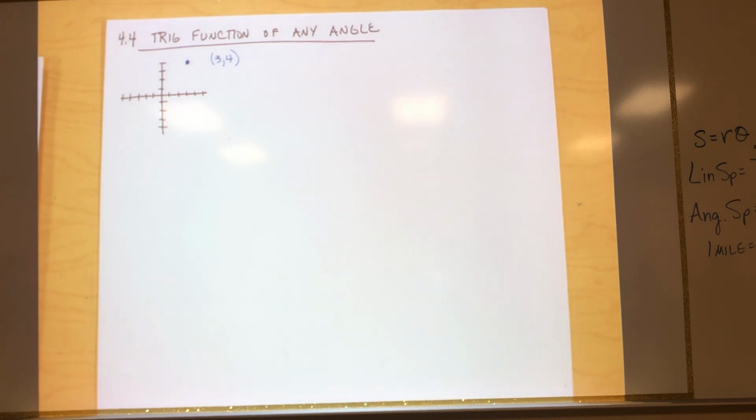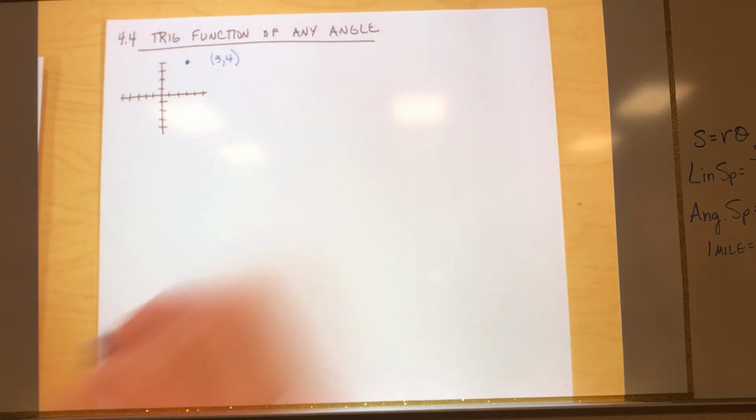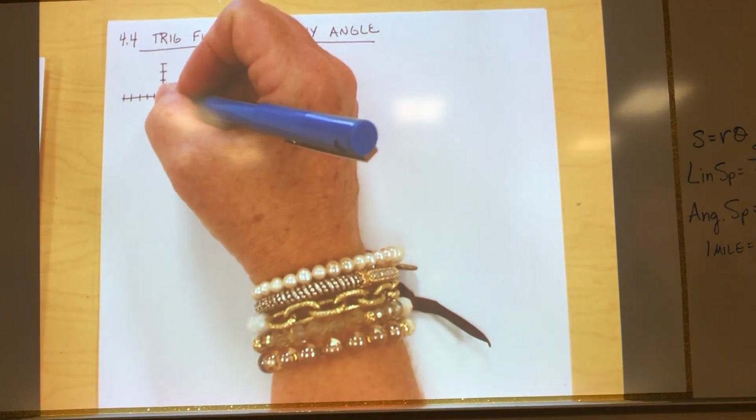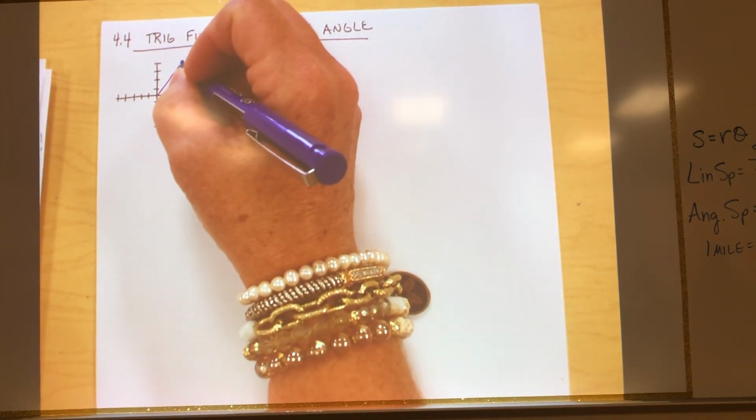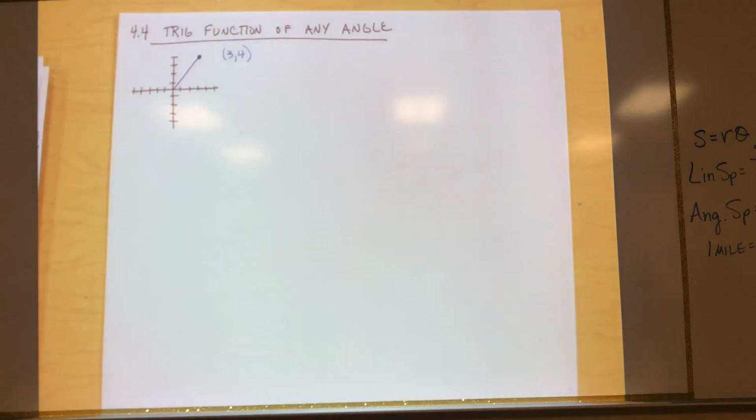Now I want to make a triangle out of him. So you're always going to draw from the origin to that point. Okay, now I got to make a triangle, so I got to drop a perpendicular. Who am I going to drop it to? Very good.